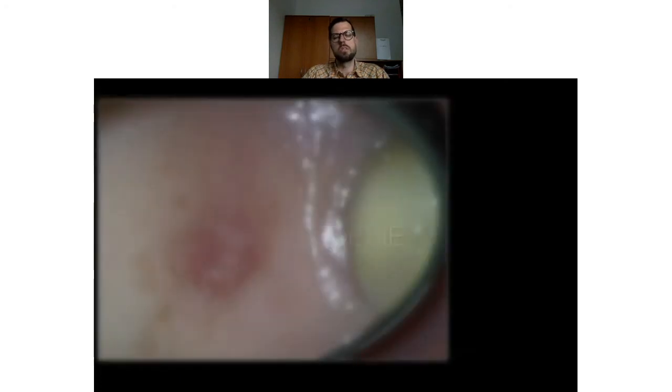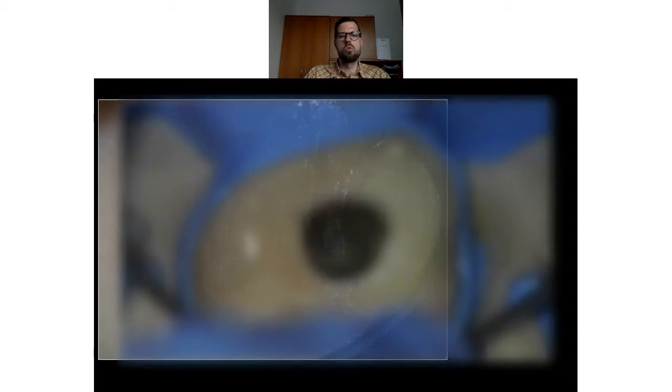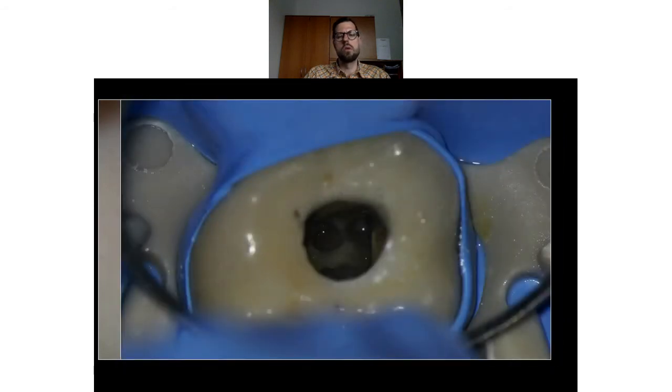And when the patient is coming for the second visit, we see that the pus discharge is closed, and we see also when we open the chamber that everything is clear.